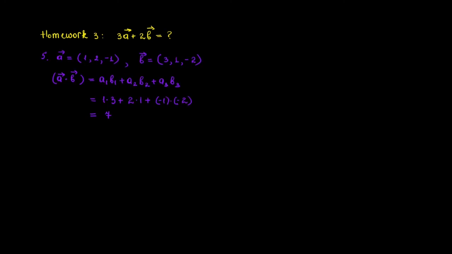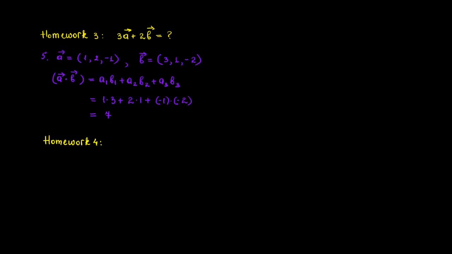Now, as a homework, please find, okay, so A and B vectors are given as above. So A vector is equal to 1, 2, and minus 1, the components, and B vector components are given as 3, 1, and minus 2.